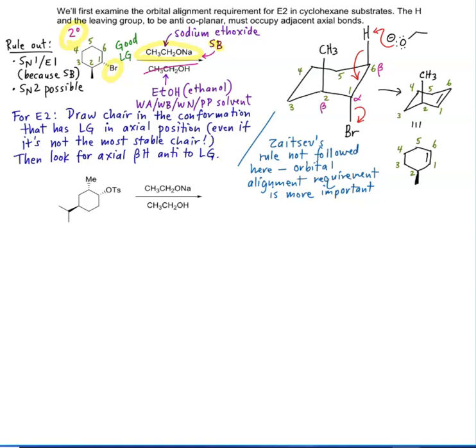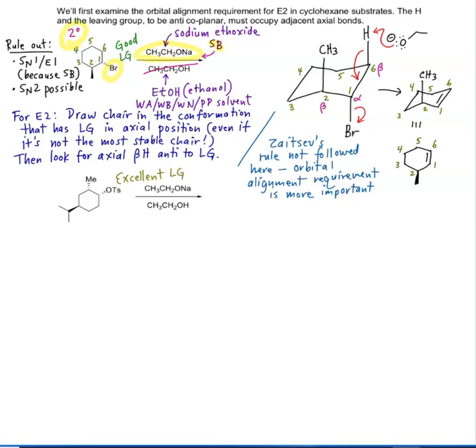Okay, so we have another cyclohexyl substrate. Let's analyze what we've got going on here. We have an excellent leaving group. The tosylate leaving group is among the best. We have the same base that we're using up above, ethoxide, so nothing has changed about that.